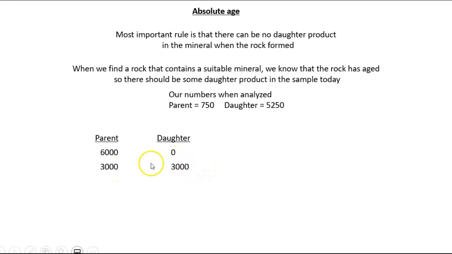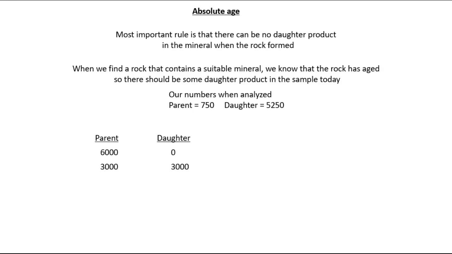This is a ratio that I would see if I collected a sample and one half-life had occurred, which means we took half of what we started with. We're going to need that information because every system, whether it's uranium-lead or strontium-rubidium, whatever type of decay, has a different half-life time.